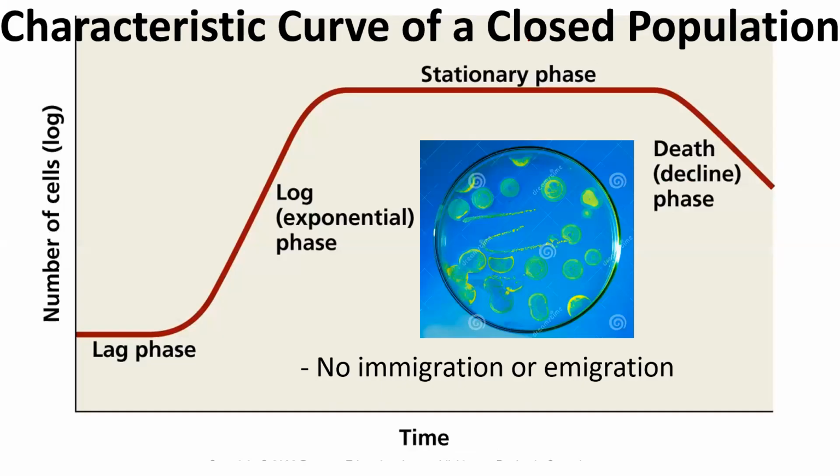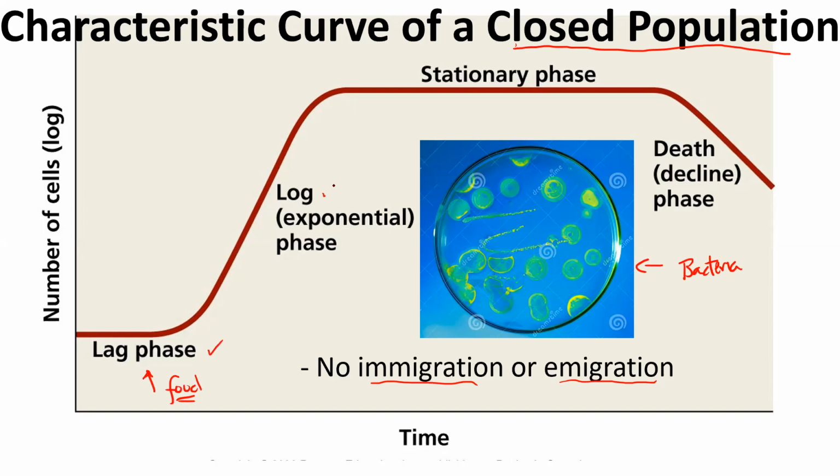Okay, now I just want to mention closed populations, though. Closed populations is where there's no immigration or emigration. So take a look at this bacteria, for example, in this petri dish. It can't leave or enter that petri dish. So you give it lots of food, and it actually takes a while before the bacteria start increasing.